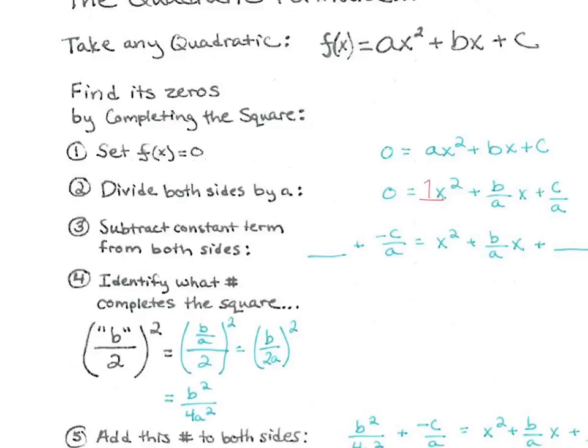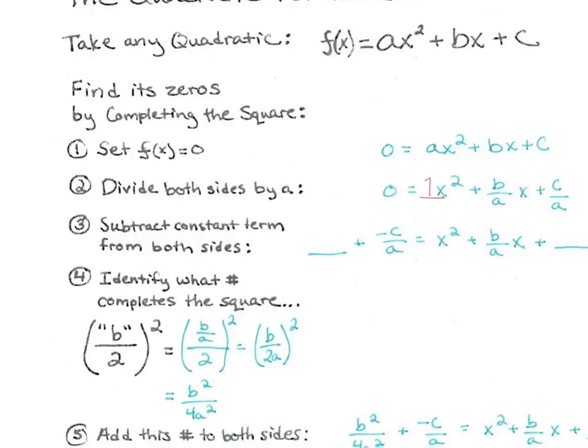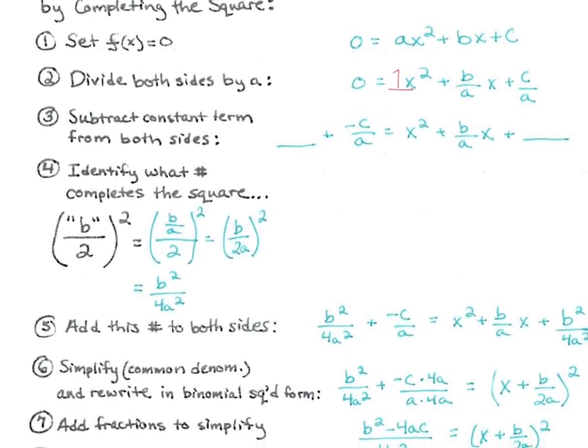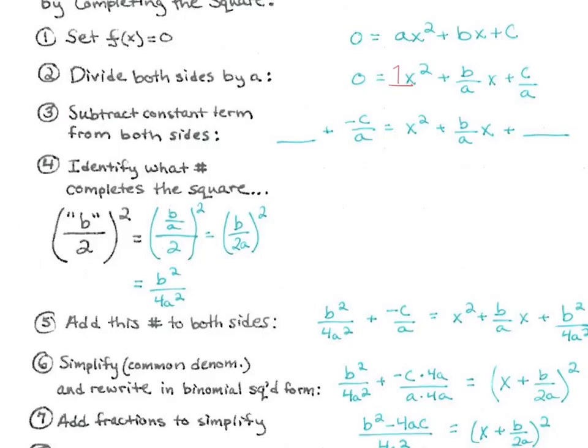So now that I have cleared out my x squared, I'm going to move my constant over to the other side, and I'm going to complete the perfect square trinomial here. So we need to identify what number is going to complete that square.